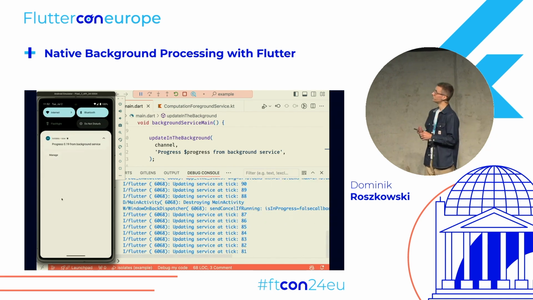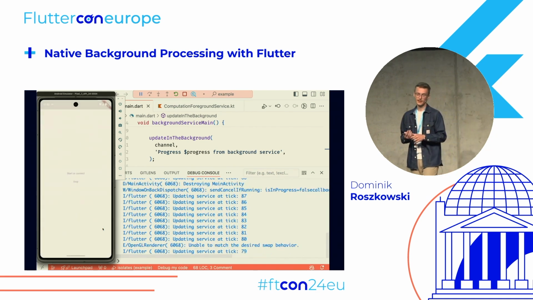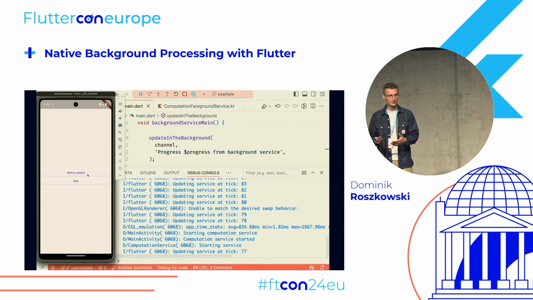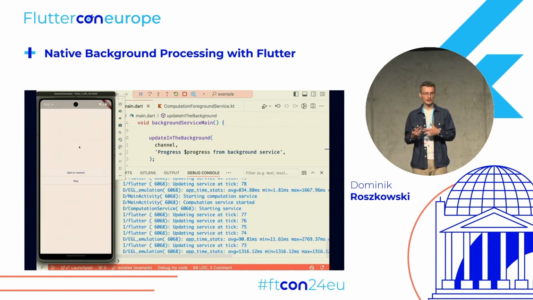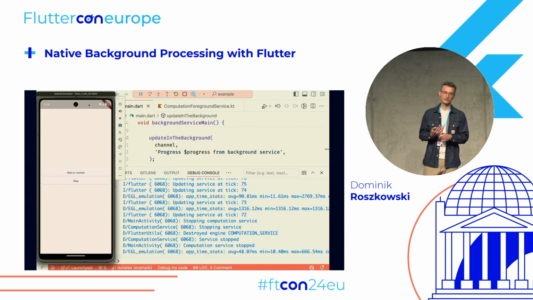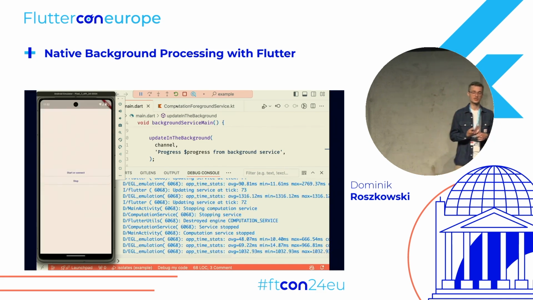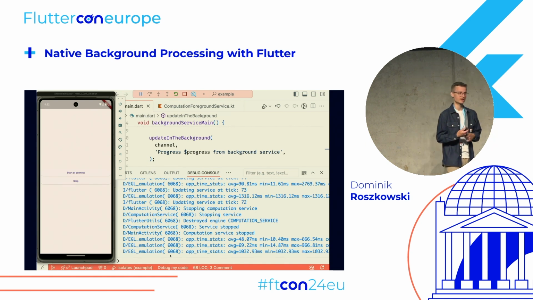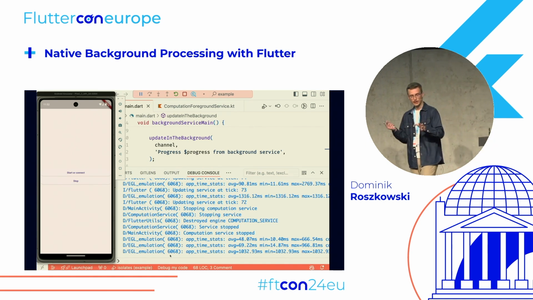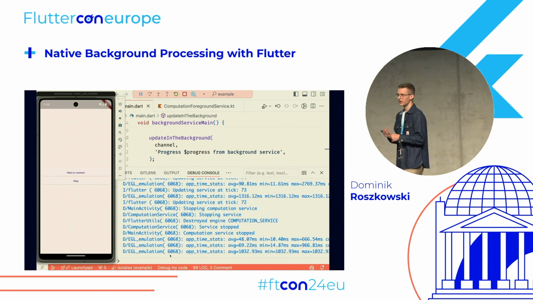And once you have it, you can just keep the foreground service running. The Dart code is running all the time. When we come back to the app, we can either automatically or on demand connect to the service again and, for instance, invoke any other functions. In this particular case, I'm just stopping the service. The sample for that is going to be available, and you will be able to play with it on your own.